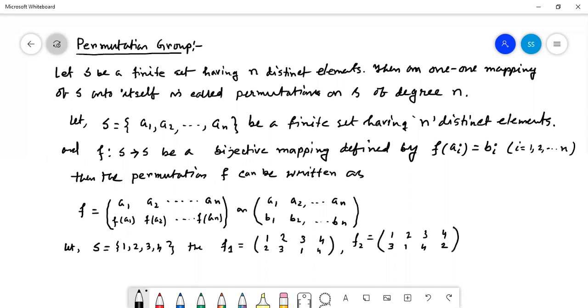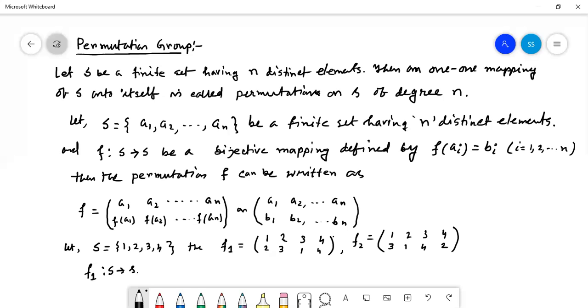What does it mean? If we take a mapping f1 from S to S, then 1 maps into 2, 2 maps into 3, 3 maps into 1, 4 maps into 4. For f2, 1 maps into 3, 2 maps into 1, 3 maps into 4, 4 maps into 2. Is it clear?